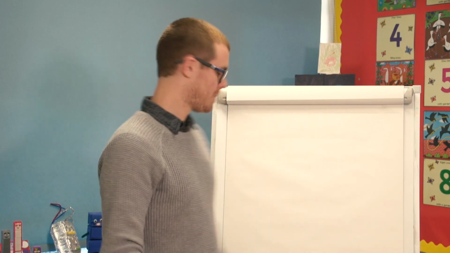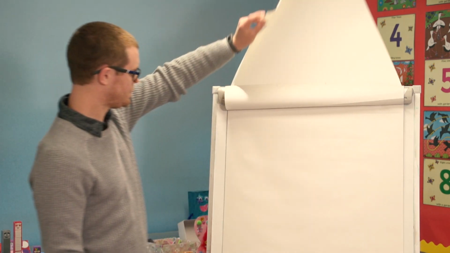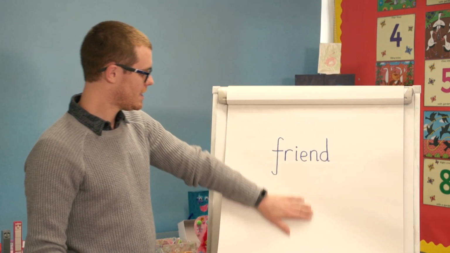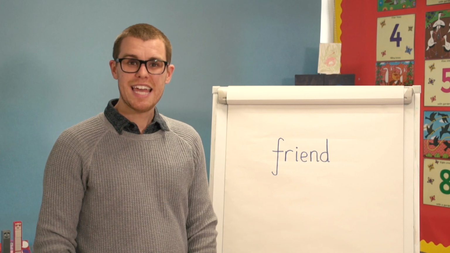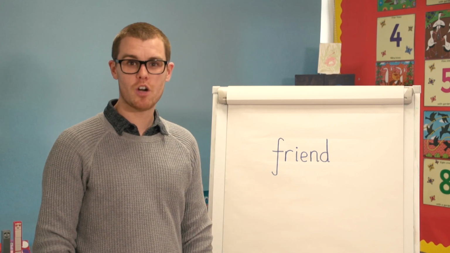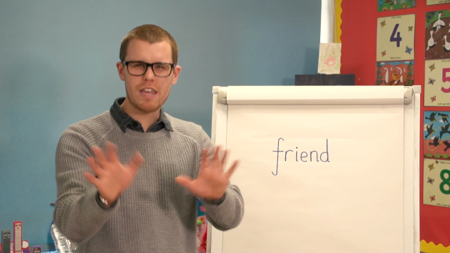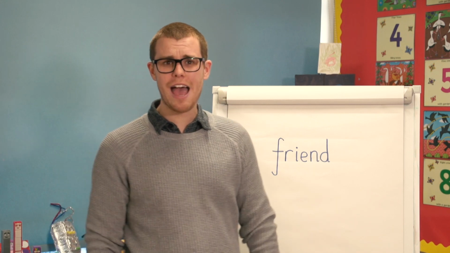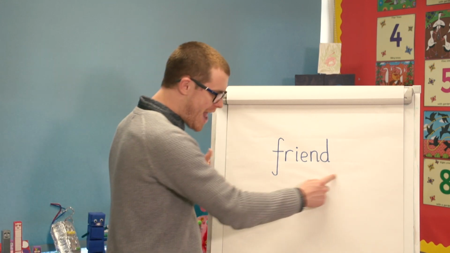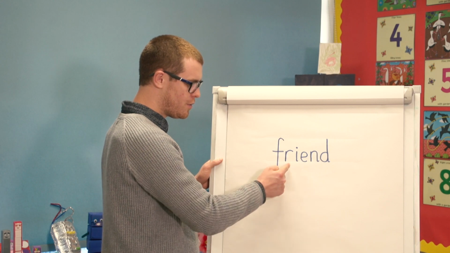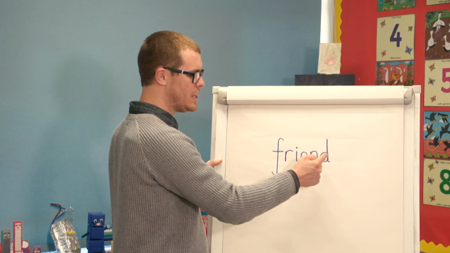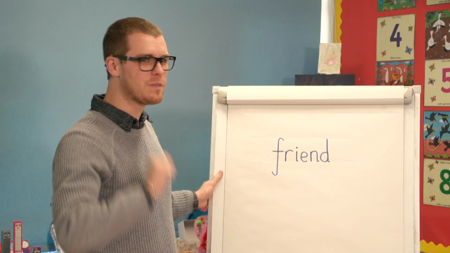Okay? Let's check our spelling. Did you get it right? Did you spell this tricky word correctly? Oh, don't worry if you didn't. Just quickly change it now. Friend. Friend. 5 sounds.